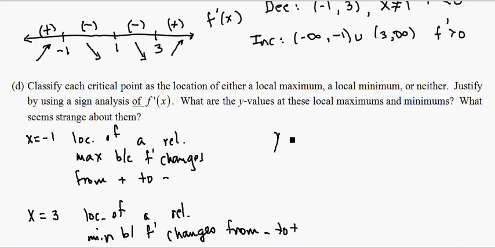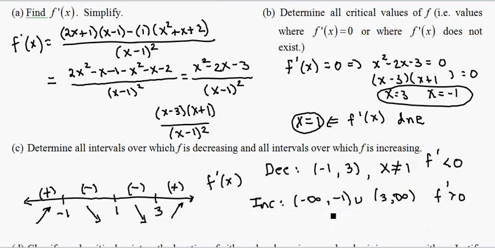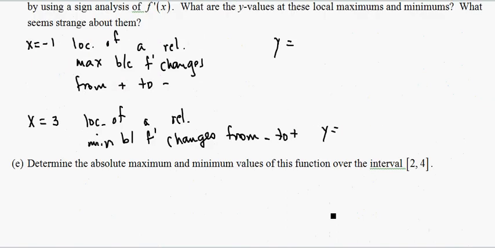They ask us for the y values at these two x values. That's easy enough to do. We can of course just take our x values and substitute them into our function, x squared plus x plus 2 over x minus 1.